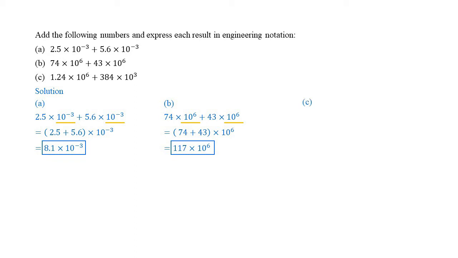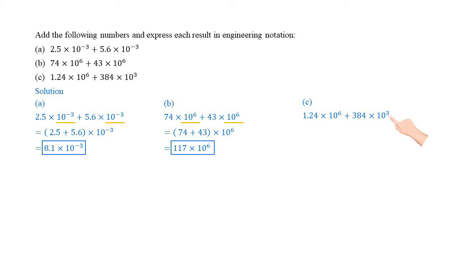Question C. First, copy down that expression, 1.24 times 10 to the power 6 plus 384 times 10 to the power 3. Let's check the exponent. For the first number, the exponent equals 6, and it equals 3 for the second number.